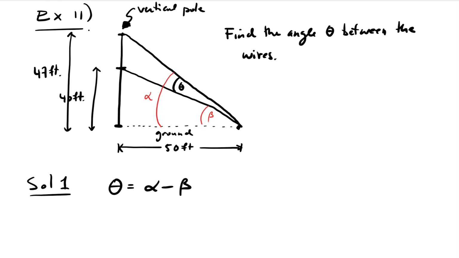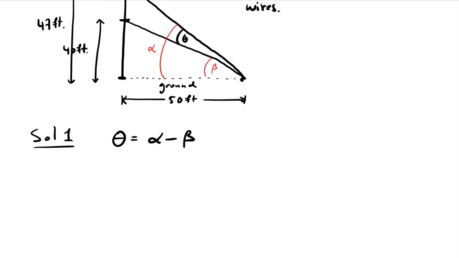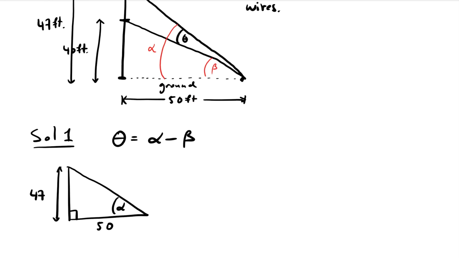Now, for alpha, it's not very difficult to find what the angle is, because if this is alpha, we've got a right triangle here with a height of 47 and a base of 50. And basically we can recover the angle just with simple trigonometry. So 47 is the opposite side, 50 is the adjacent side. So we're working with tangent here.